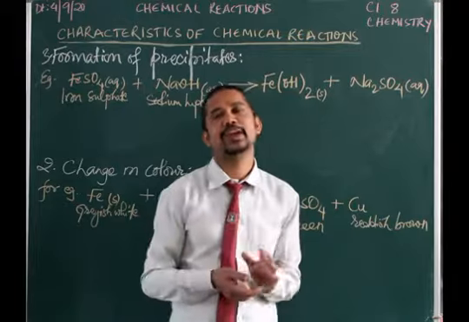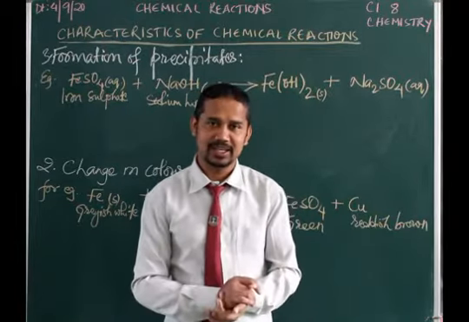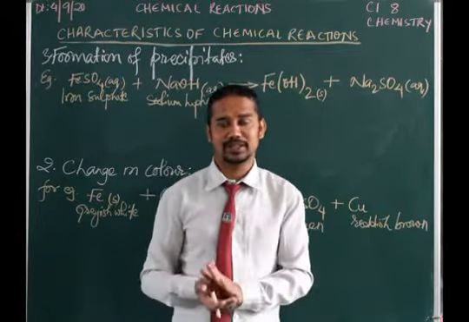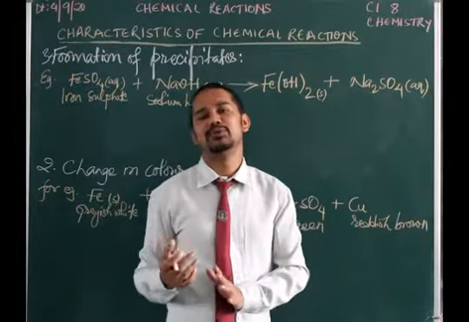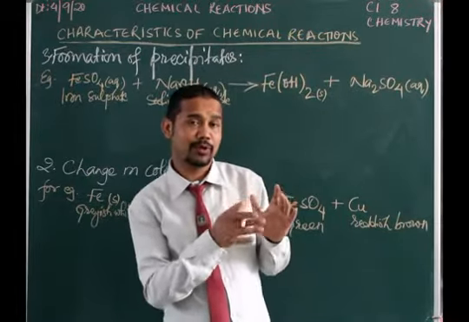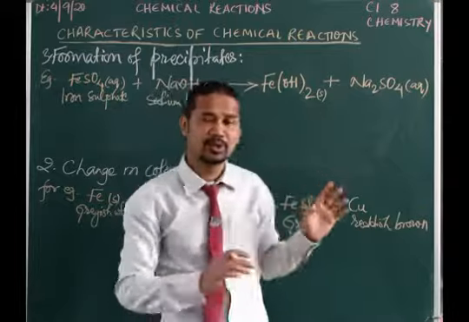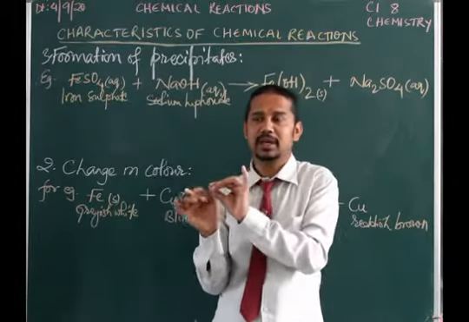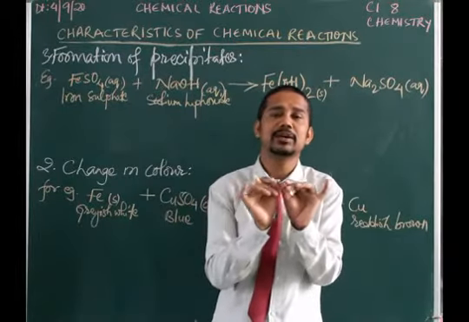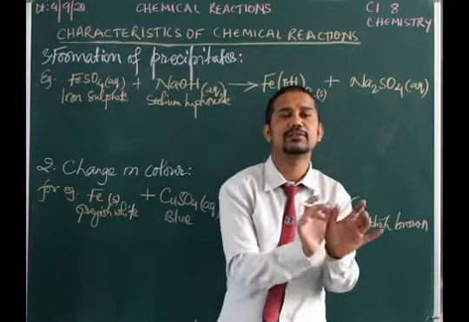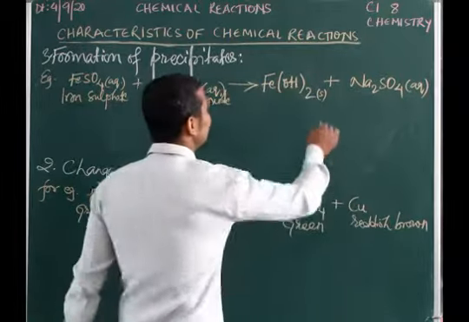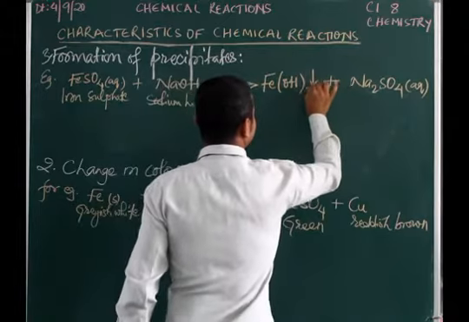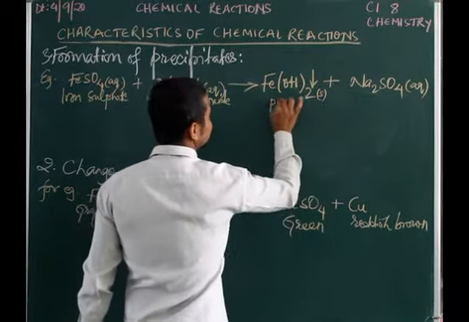There are many ways to test it, and only then can I prove that it is there. But in this case, what we observed is that an insoluble solid is formed, and this insoluble solid is called a precipitate.